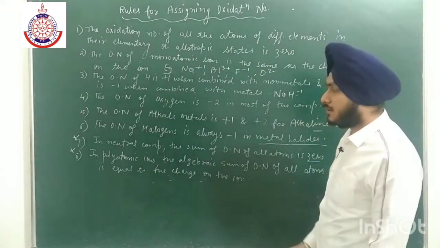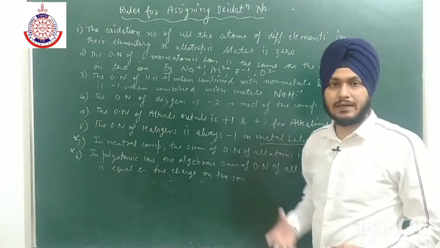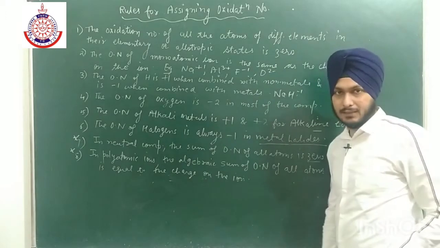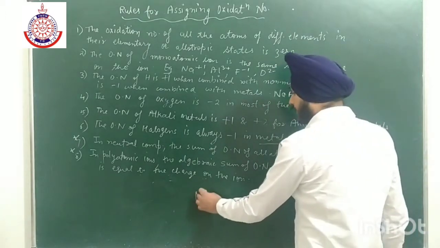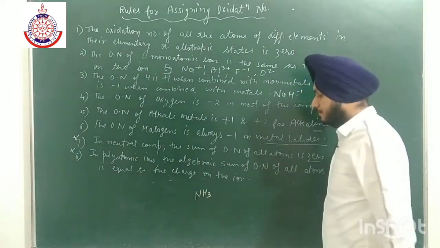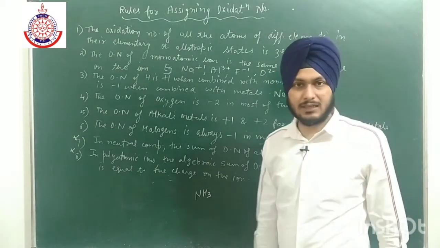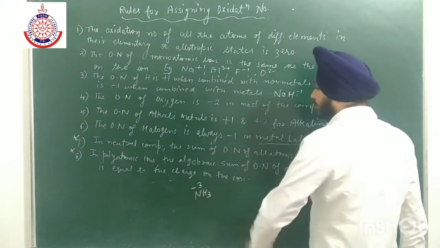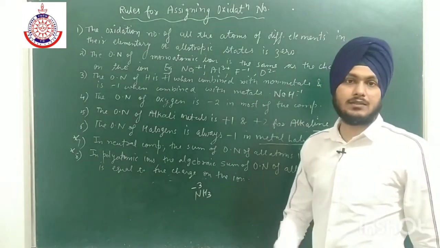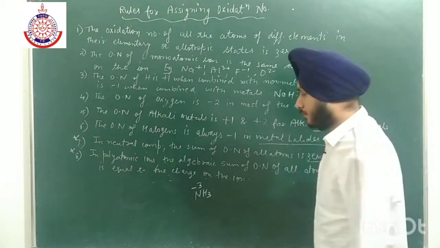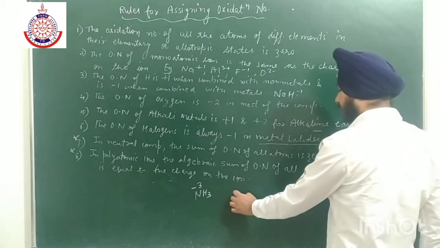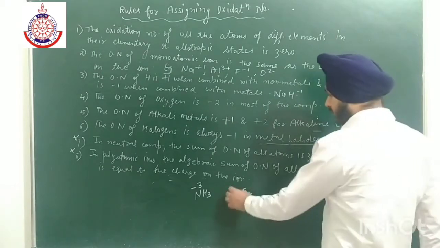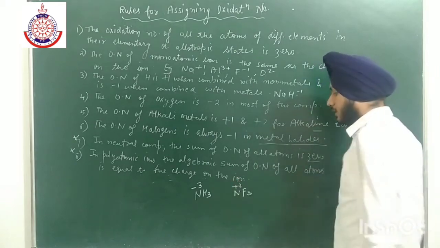Now there is also a rule that in the case of nitrogen, if it is in contact with a less electronegative atom, for example hydrogen, which is less electronegative, then its oxidation state is always taken to be -3. But when it is in contact with a more electronegative atom, for example NF3, its oxidation state is taken to be +3.